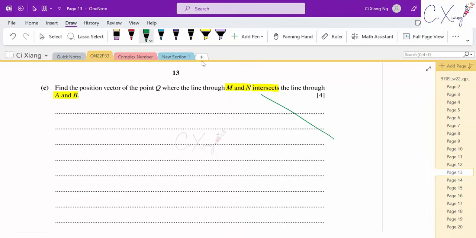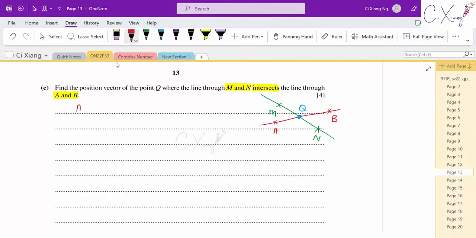So just now we have the line MN, and we know that if the line MN intersects with the line AB, then the intersection point basically is Q. And we want to find the position vector of Q. So to find Q, we have to solve the vector equations simultaneously. First of all, I need to find the vector equation of AB.